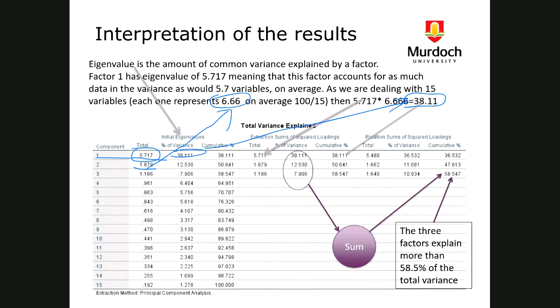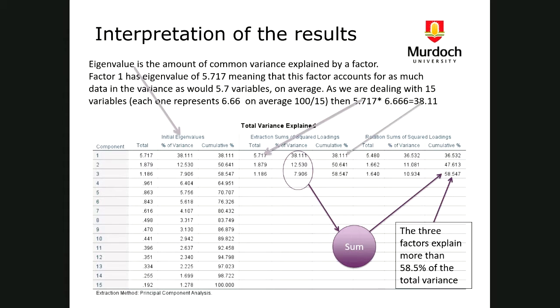So, simply speaking, the eigenvalue is how many variables are included in that factor, out of the total.